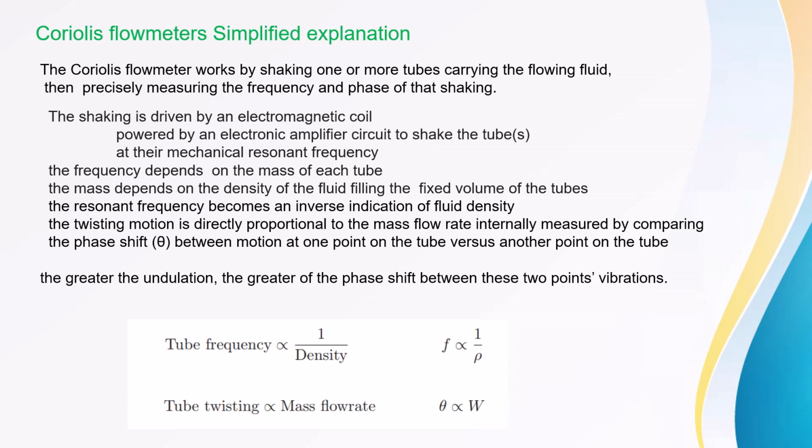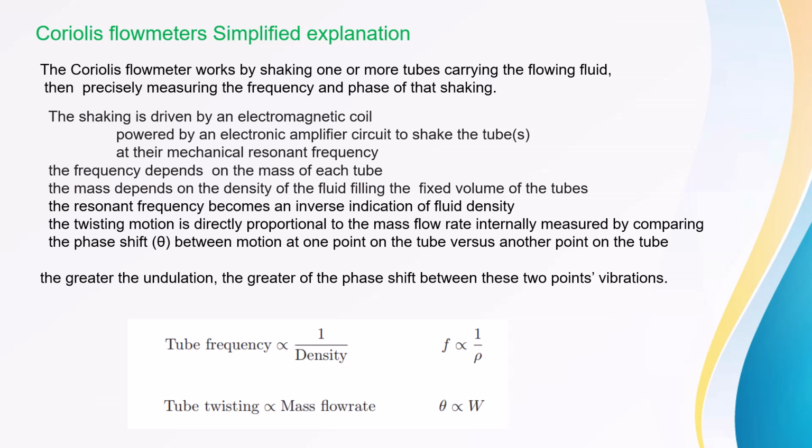The resonant frequency becomes a universal indication of fluid density. The twist motion is directly proportional to the mass flow rate, neatly measured by comparing the phase shift between the motion at one point on the tube with another point on the tube.